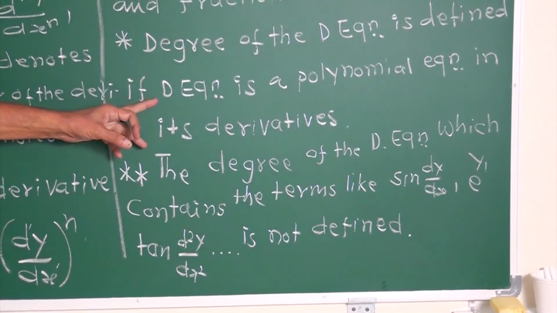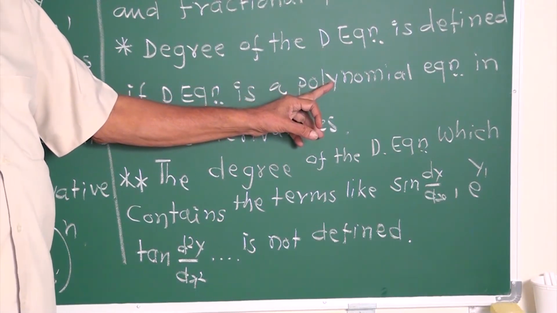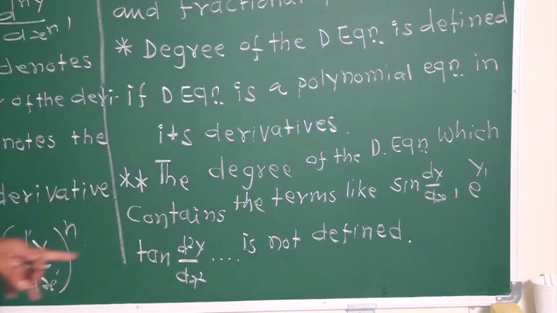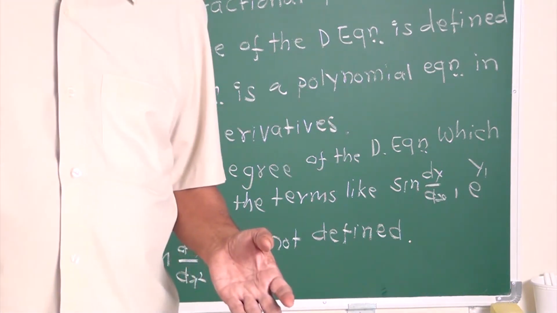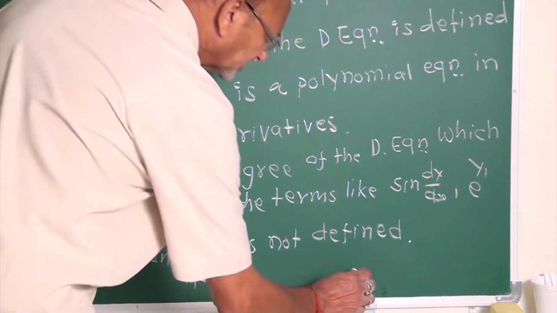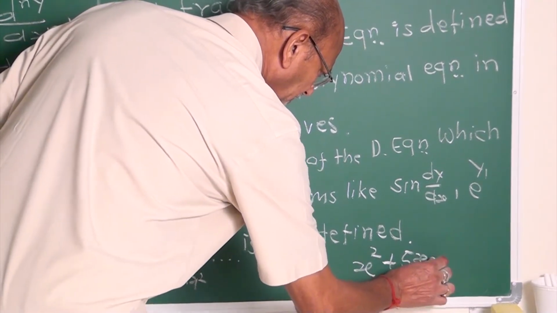The differential equation must be a polynomial equation. It must be a polynomial equation in derivatives. You know what I mean by polynomial? It is 5x squared plus 10x plus, like this you can write. It is x squared plus 5x plus 6.